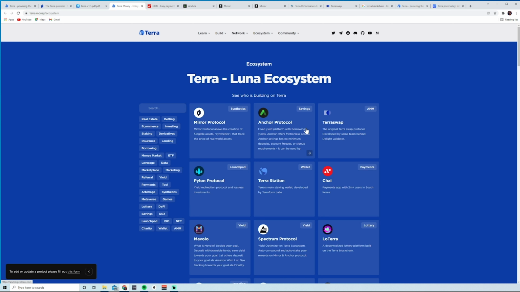It's pretty good. So definitely would recommend checking that out if you are already on the Terra Luna system and you want to make some easy gains. It might not be like this forever, but it is currently at just under 20%. So this is just a couple of reasons why I'm pretty bullish on the Luna ecosystem.